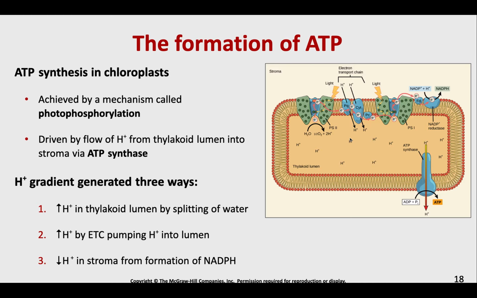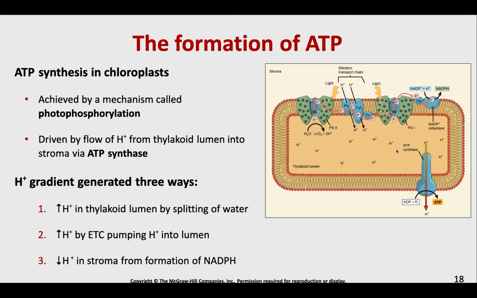We also have the cytochrome complex. As the electron moves through the cytochrome complex, it is pumping these hydrogen ions into the thylakoid space. So that's another way that we are increasing the number of hydrogen ions inside of our thylakoids.